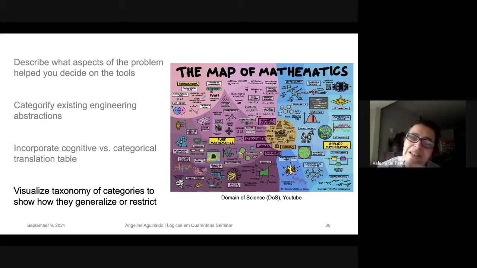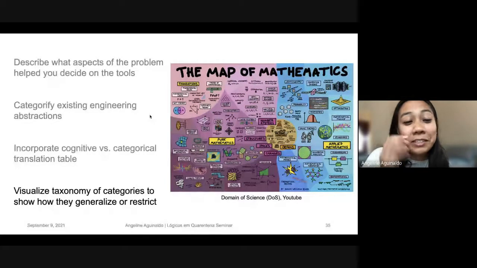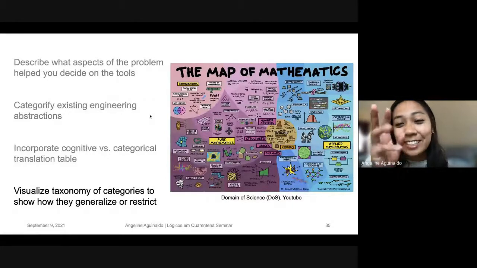But the problem is that this one does not give avenues of understanding, whereas the other one is a little bit more poetic. Yeah, that's right. So if we can make something of just categories that is a map, or more poetic than this, then I think that would be super helpful.